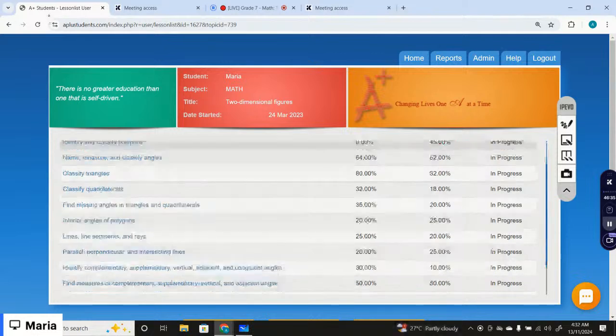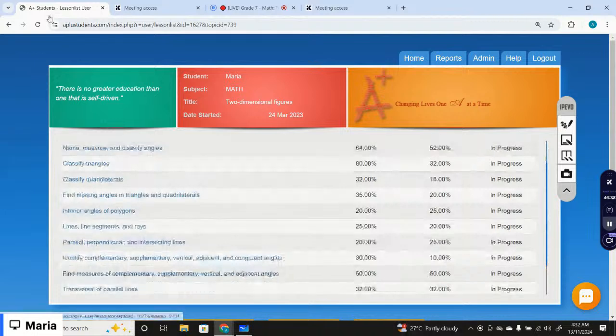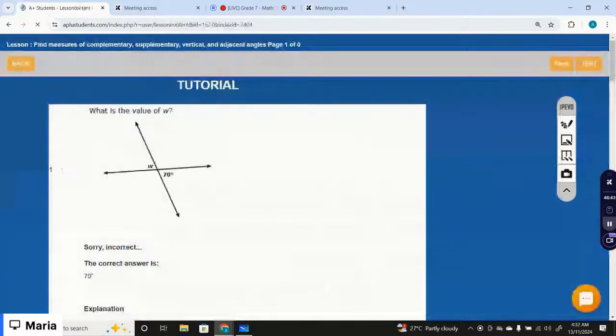The next lesson is find measures of complementary, supplementary, vertical and adjacent angles. What is the measure of angle W?